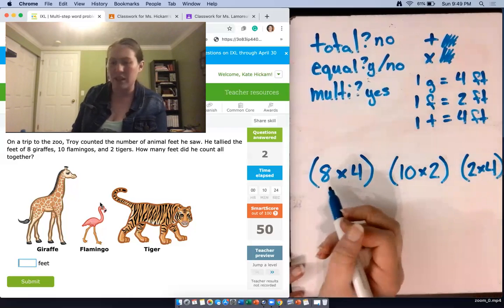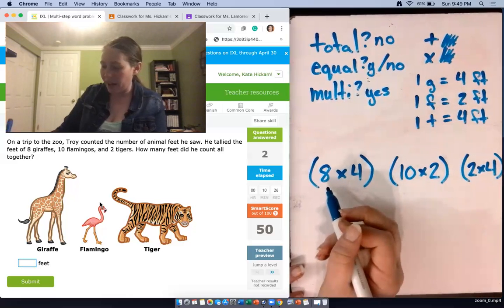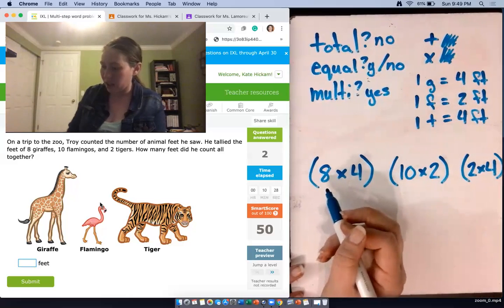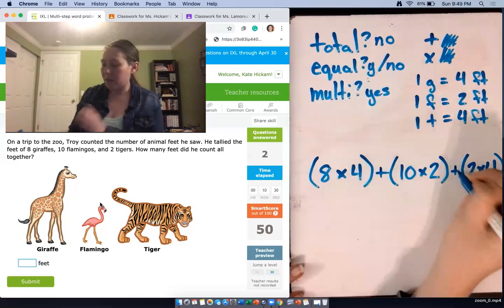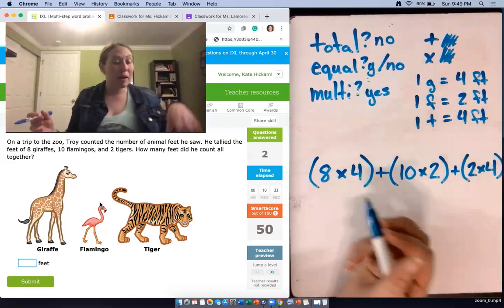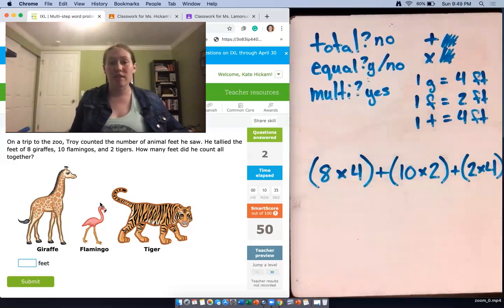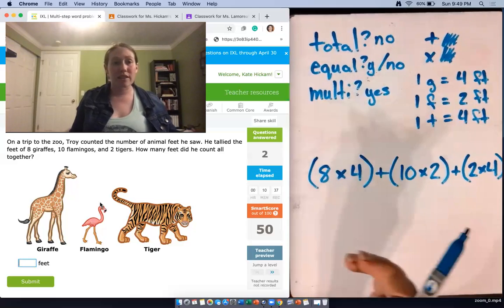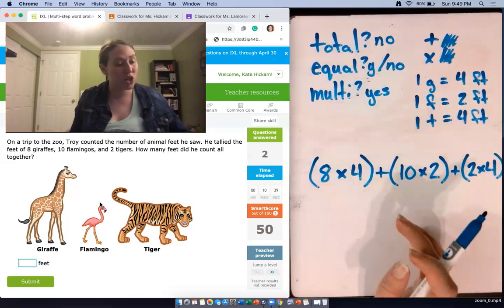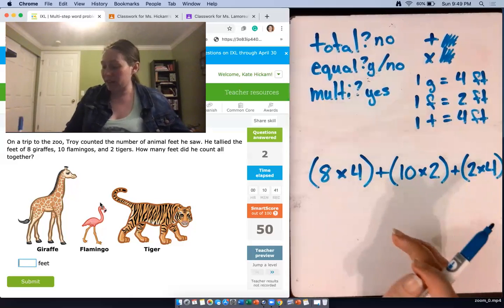Well, now in order to get the total, I need to add each of these numbers together. So I'm going to go through and I'm going to do all of my math for each of these in the parentheses first because I want to make sure I'm doing my parentheses first.